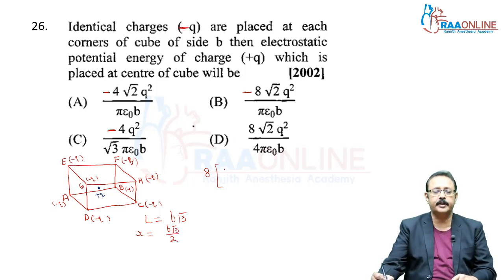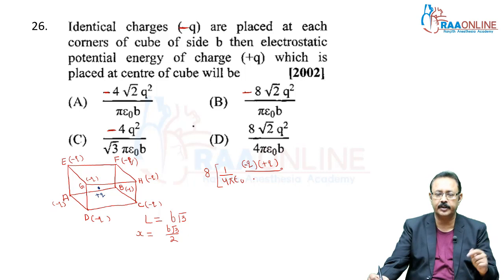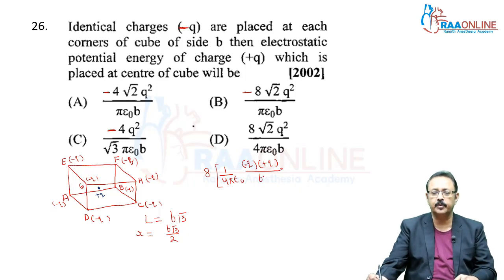So potential energy should be 1 upon 4 pi epsilon naught q1, one charge is negative, q2 another is positive, upon r, the distance between two charges, center and one charge, b root 3 by 2. Take 2 here.